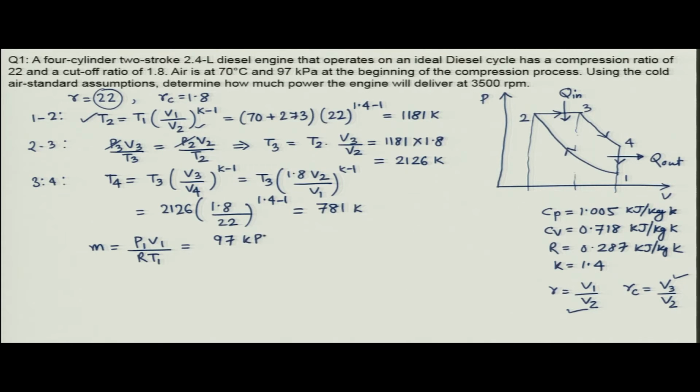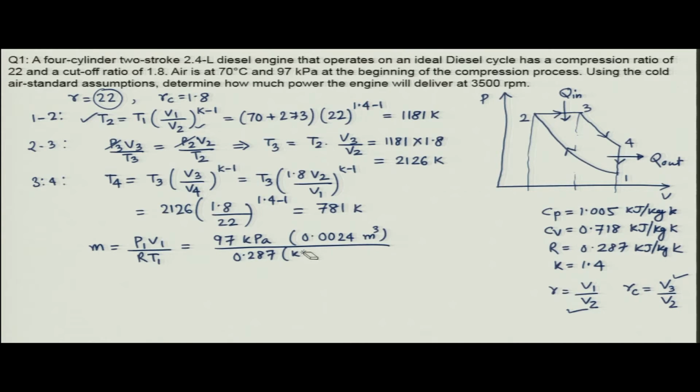And V1 is given as 2.4 liter, so I can write it as 0.0024 meter cube. And R is 0.287 kilojoule per kg Kelvin.